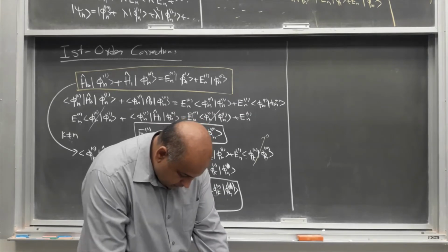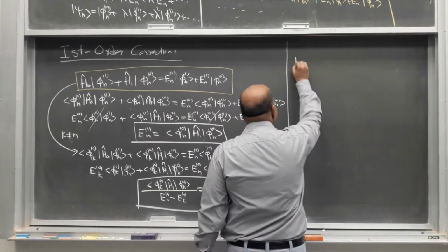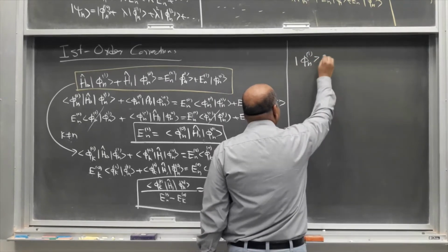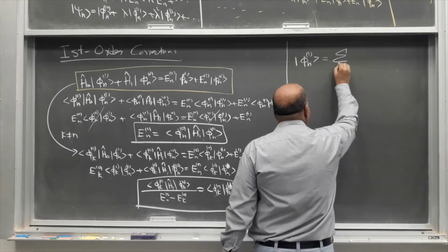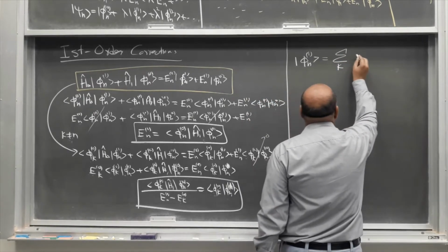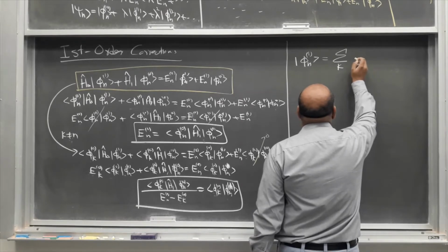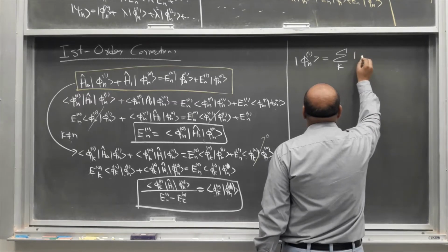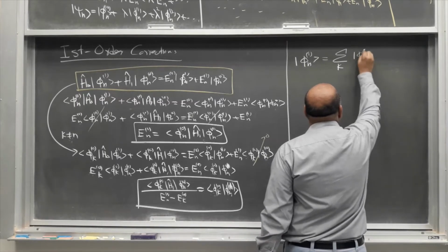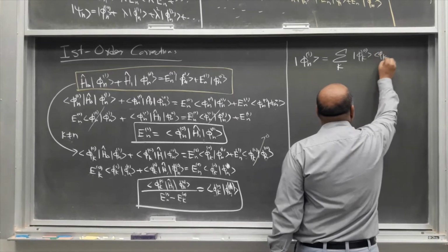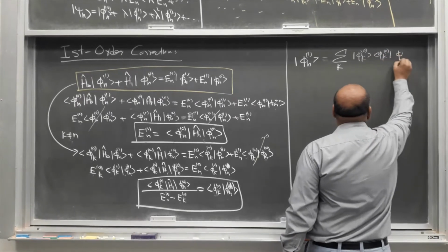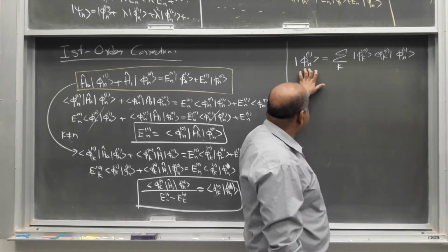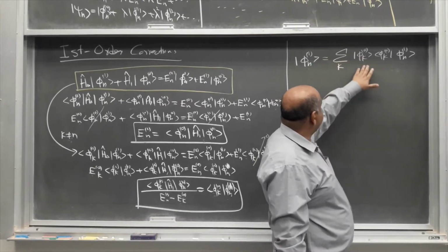Using that, we can write this correction phi n1 as a superposition of these states: the sum over k of phi k0 times the inner product of phi k0 with phi n1. So I can express this phi n1 in the phi k0 basis like this.